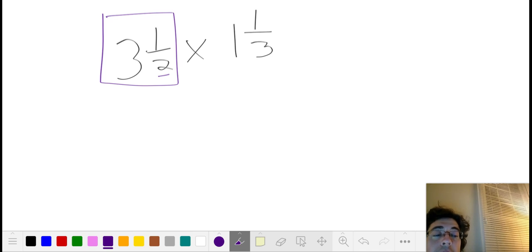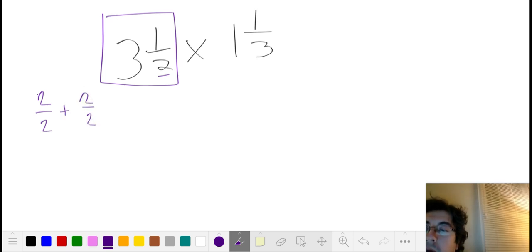And the reason is it's going to make adding my 3 wholes to 1/2 much easier. So 3 wholes as fractions over 2 is going to look like 2 over 2 plus 2 over 2 plus 2 over 2. Each 2 over 2 represents a whole, and we have 3 of them, so it equals 3.